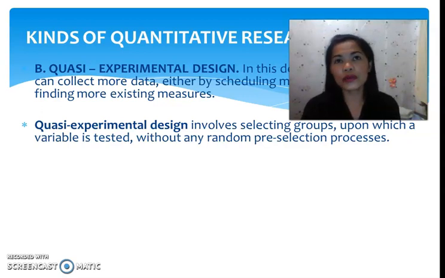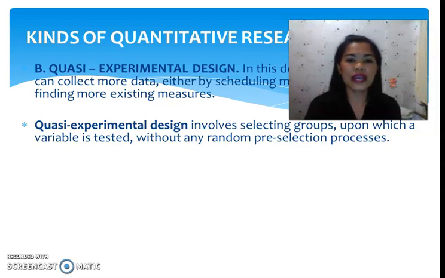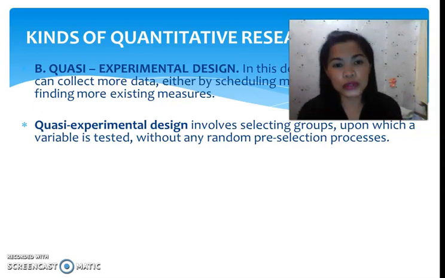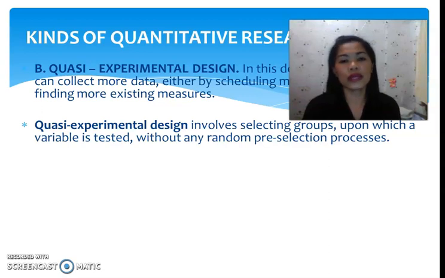Normally when you are conducting an experiment or experimental design, there is of course random sampling, since it is under quantitative research. However, in quasi-experimental design, you select groups, but there is no random selection process.